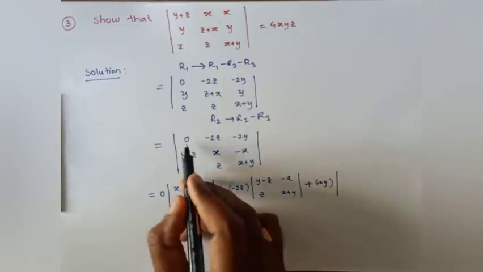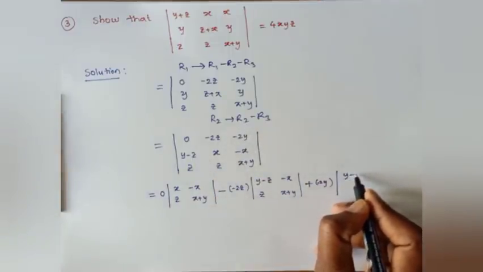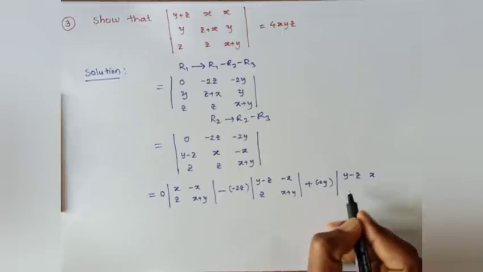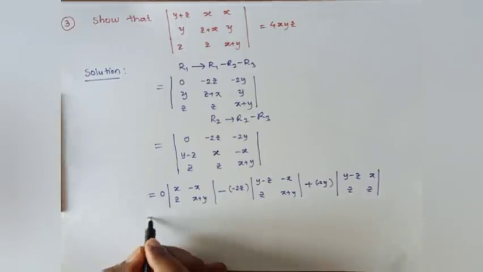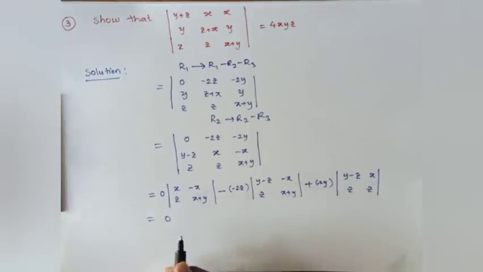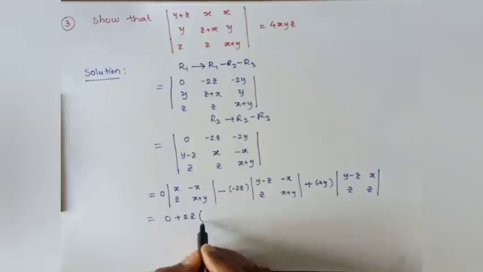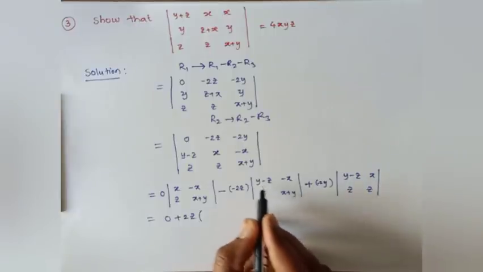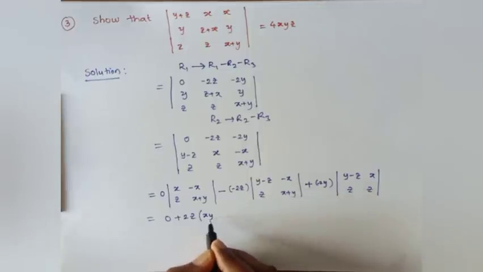into, deleting this row and column, then it is y minus z, x, z and z. Now expand it. So this is obviously 0, 0 into something, so it will be 0. Next, minus into minus, so this is plus 2 into z times of, now multiply these two things, y minus z into x plus y, so y into x, that is x into y.